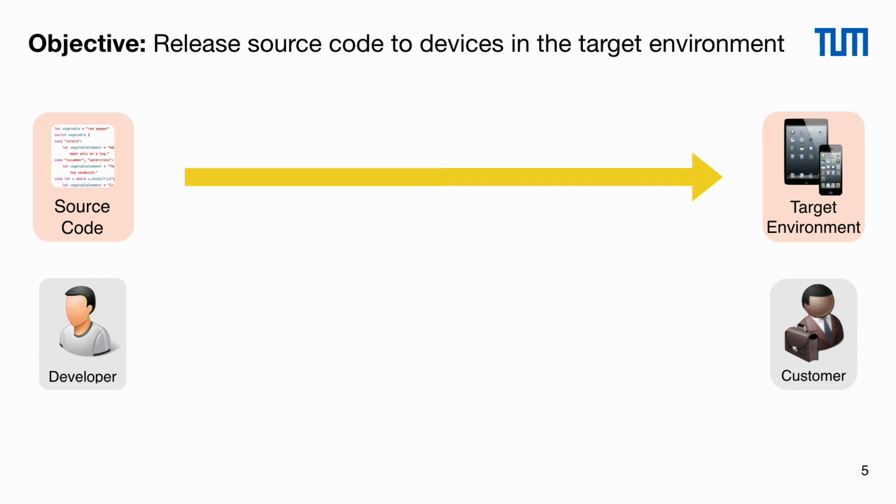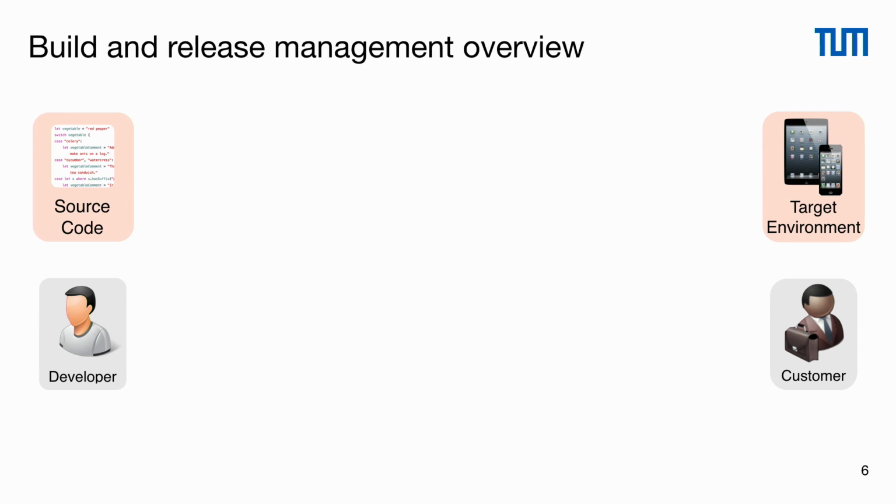Therefore, it is important to create communication channels between developers and customers and users to allow developers to obtain feedback in order to improve the software. Before developers can obtain feedback, they first have to transfer the source code from the development computers to the customer's device in the target environment. To achieve this goal, build and release management comes into play.